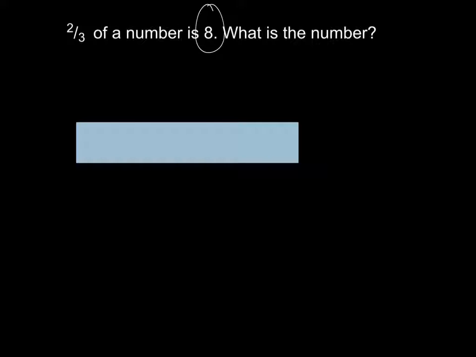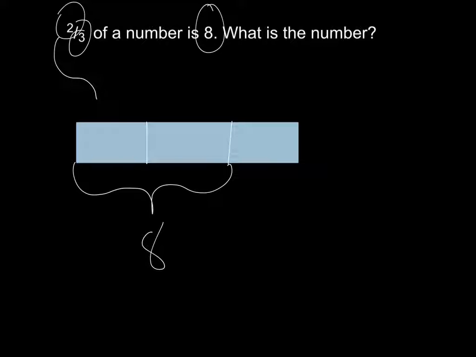Our job here is to figure out what the whole is. We know that our tape diagram is going to be divided into thirds, and we know that 2 of those thirds is going to be 8. So now our job is to figure out what is the number that we started with.